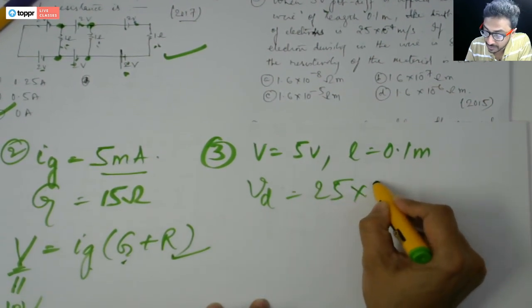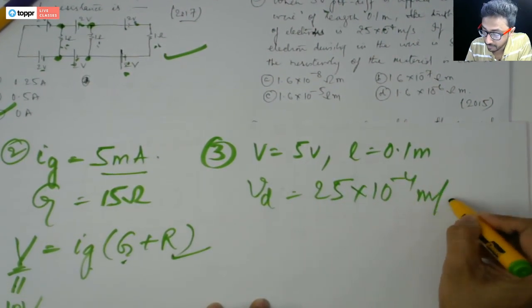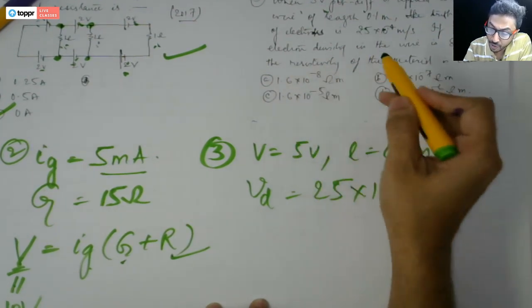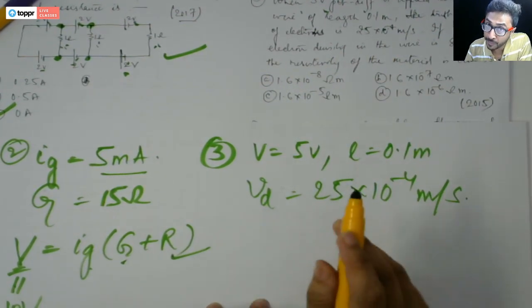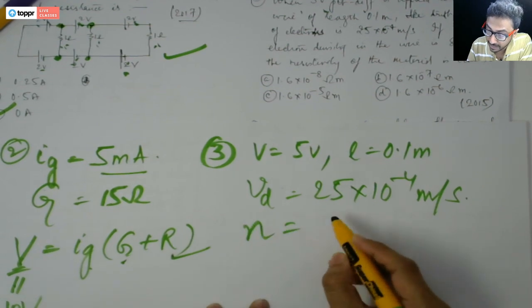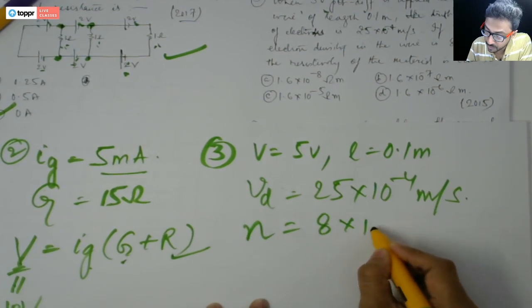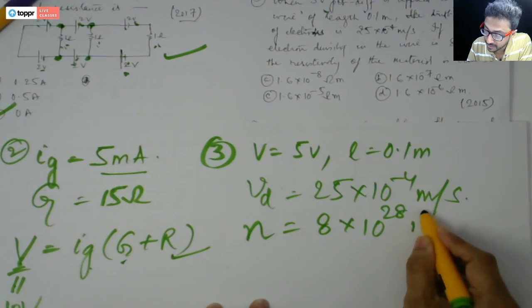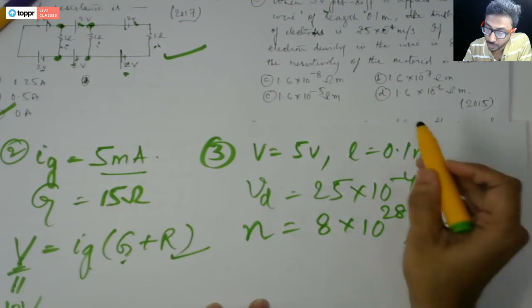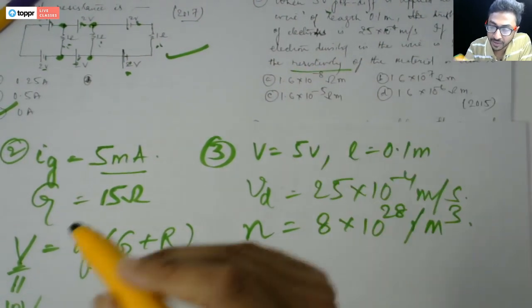If the electron density, meaning number of electrons per unit volume, N equals 8 into 10 to the power 28 per meter cube, find the resistivity of the material.